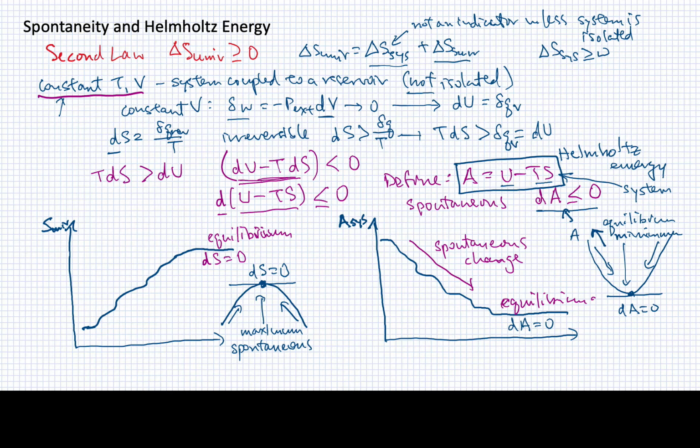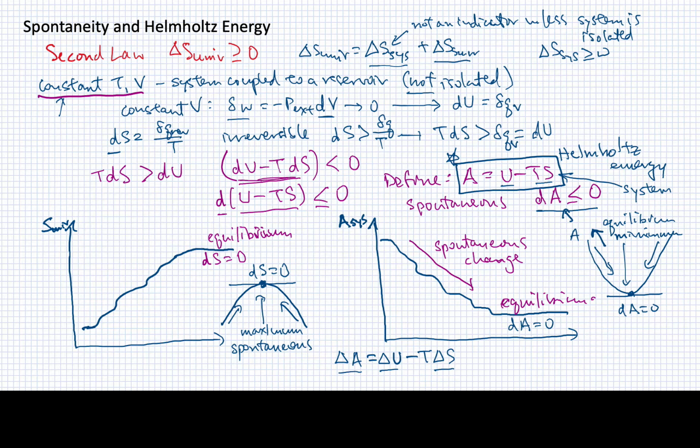Now, I'll mention one final thing, and that is that when we consider an expression like this up here, 4a, that allows us to write, for example, that the change in A might be equal to the change in internal energy minus T times the change in entropy. So that means we cannot determine spontaneity from either internal energy or from entropy, only from A. But it does give us some guidelines.